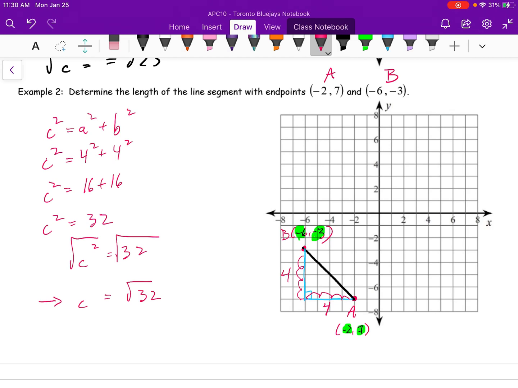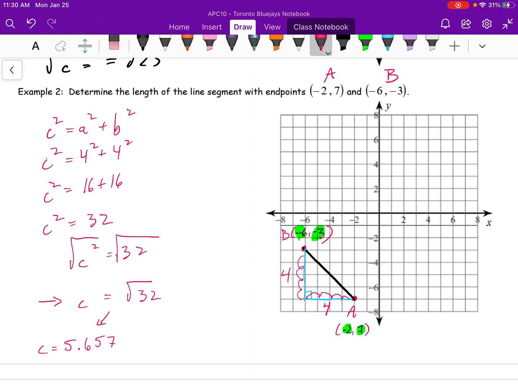Maybe I'll do this in my calculator first. The square root of 32 is going to be 5.657 to 3 decimal places.